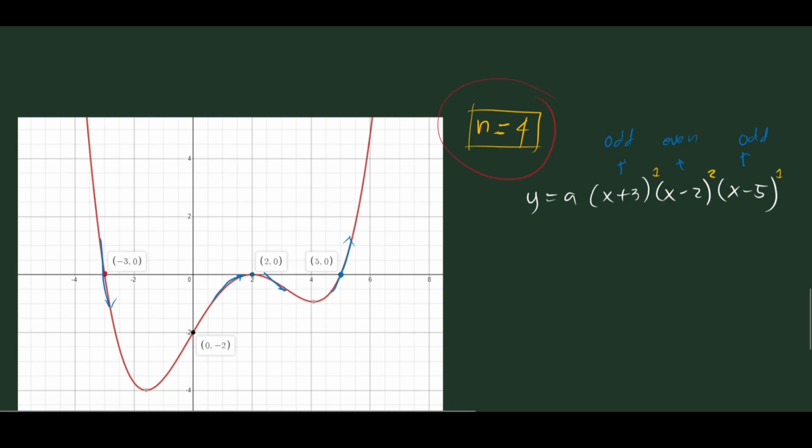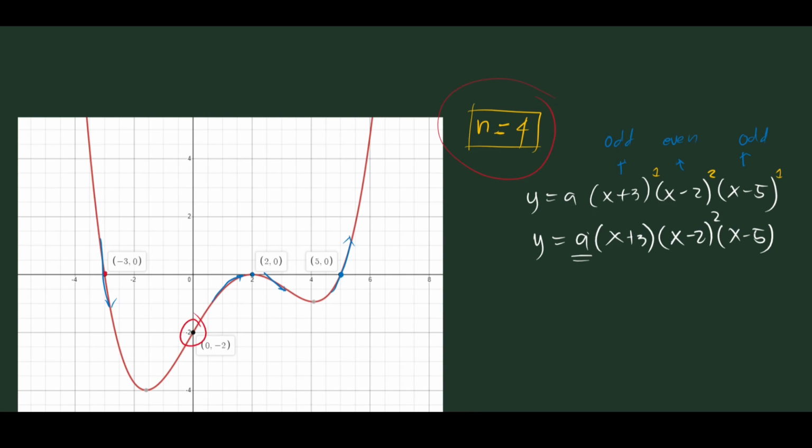So we've determined our equation to be y is equal to a multiplied by (x + 3), then (x - 2) squared, then (x - 5). Now the only thing that we need to do is to determine this stretching factor a, also our leading coefficient. So how do we do that? We use another point aside from the intercepts, which is (0, -2), our y-intercept.